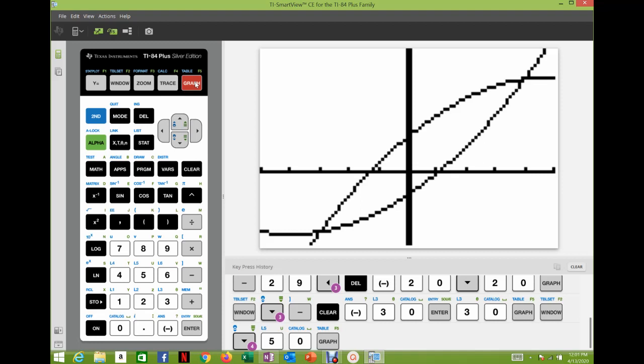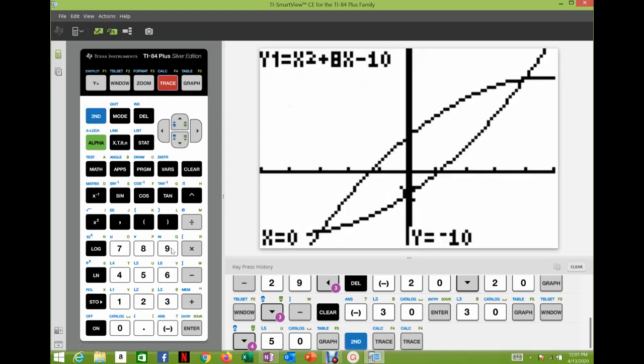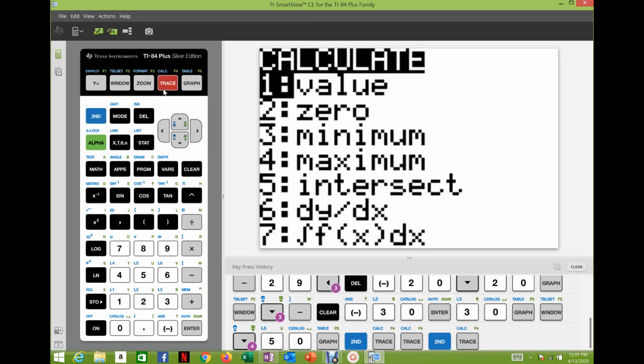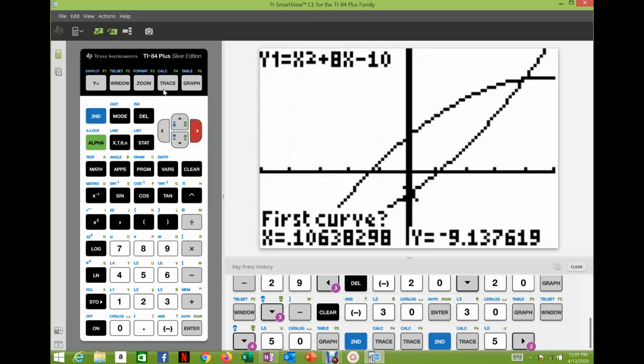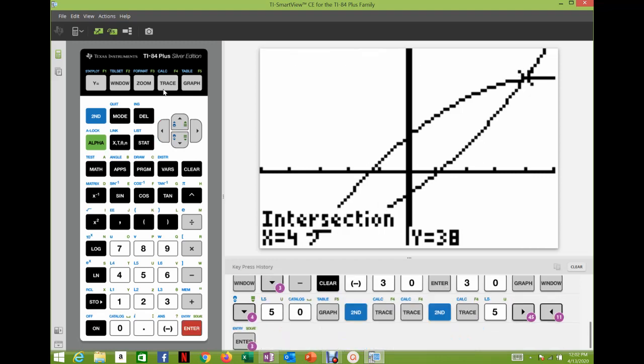The first step, remember, is to find where my two functions are equal. So second trace, intersect. First curve, second curve, and guess. So at 4.